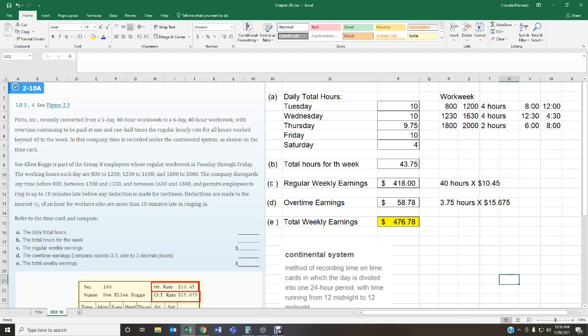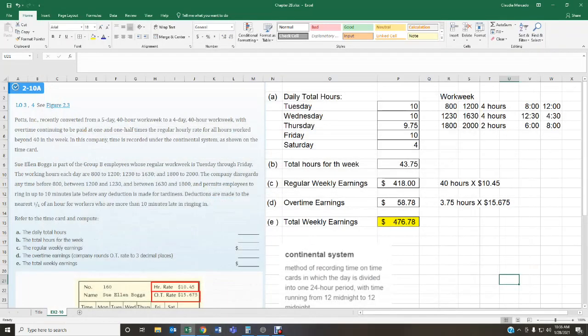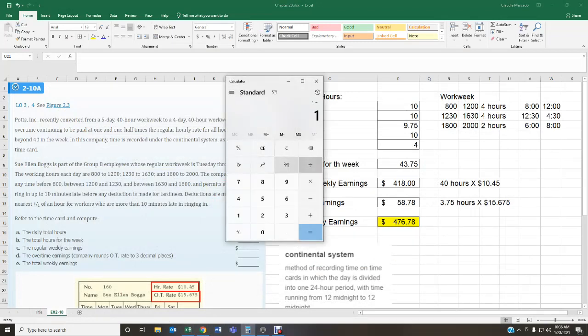The problem says here that the company permits employees to ring in 10 minutes late before any deduction is made for tardiness. And if the employee is more than 10 minutes late, they're going to get docked 1/4 of an hour. So you just divide 1/4 to get the amount of the deduction.